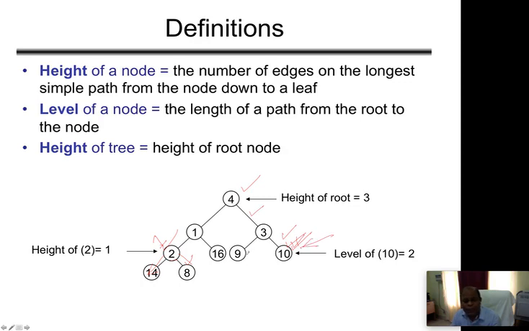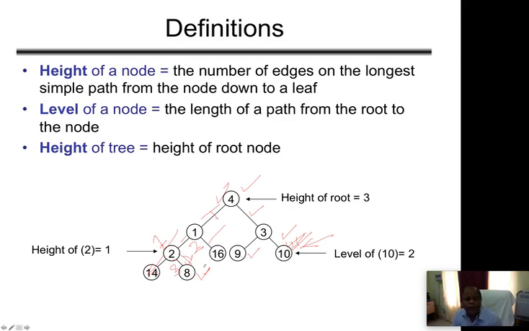Similarly, the level of this node is also 2. The level of this node 8 is not 2, it is 3. See, 1, 2 and 3, because from the root to reach node 8 it has to travel 3 paths. Hence, the level of this node 8 is 3.